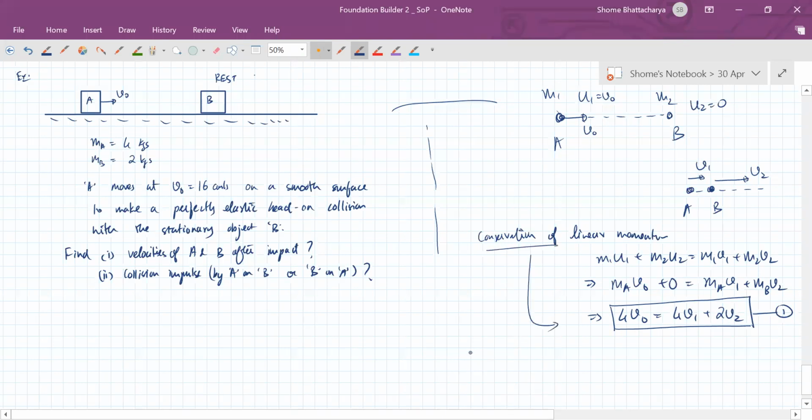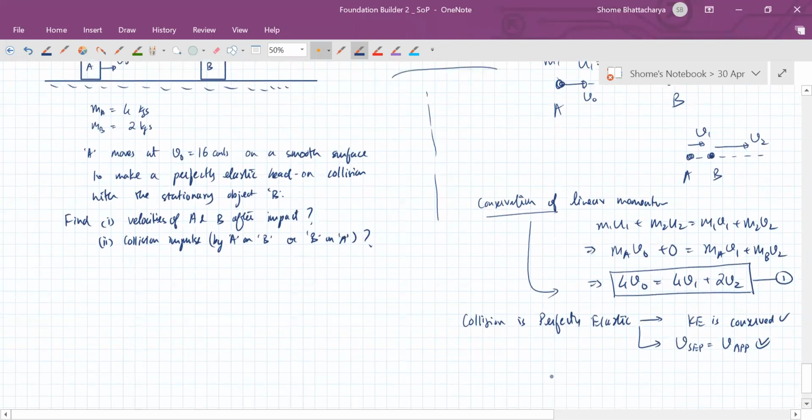Then we have the fact that the collision is perfectly elastic. So perfectly elastic means two things. One is kinetic energy is conserved, but that's a very complicated equation, as you can see. The other also means that separation velocity should be equal to approach velocity. Now this is an even easier equation to use because it's a linear equation. So what is separation velocity?